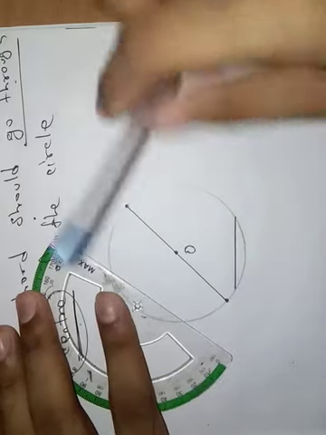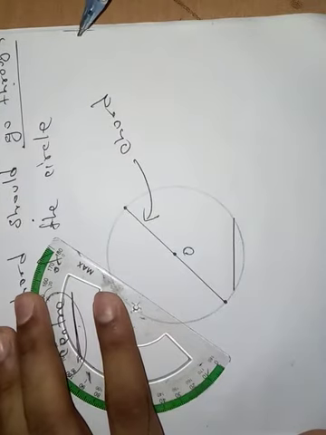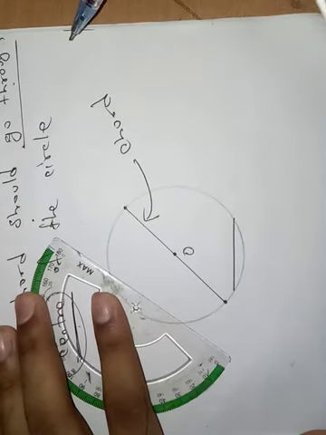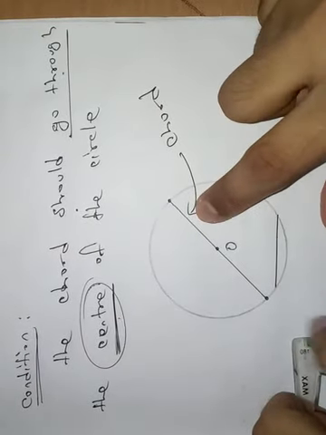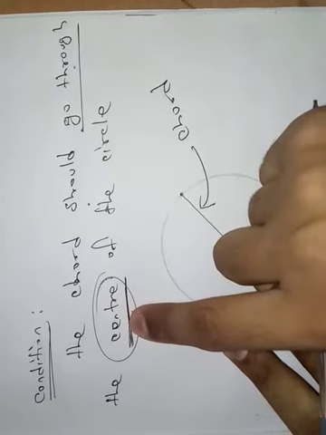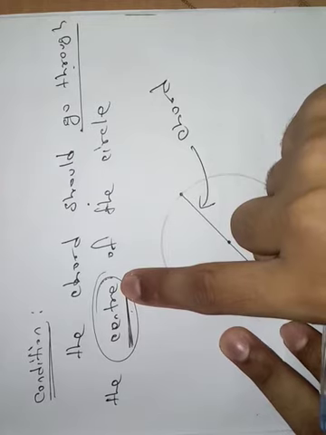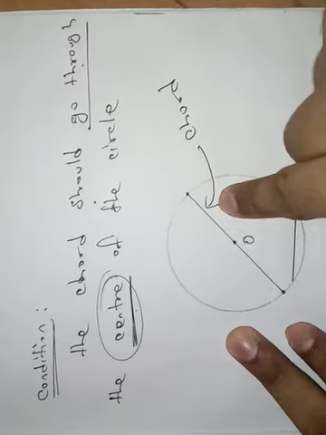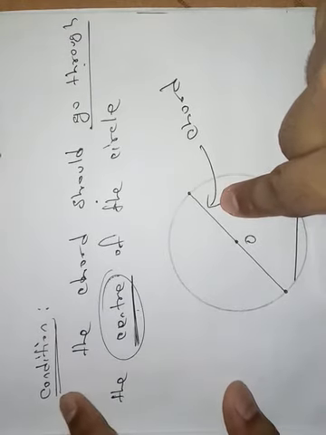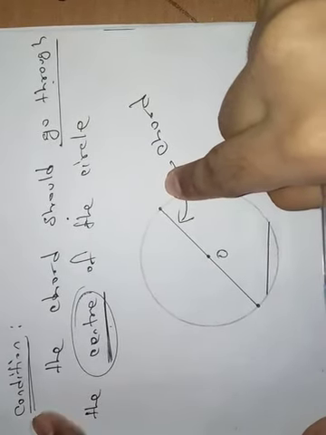So this is also a chord. Now since this chord is satisfying the condition to be a diameter, we can call that chord a diameter.